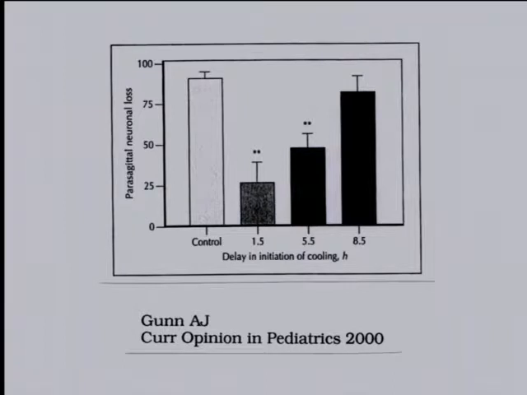Quite a strong effect if you start cooling 1.5 hours after injury. When you start at 5.5 hours, you can rescue only about half of the cells. And when you start at 8.5 hours, there is factually no difference to the control group. So the message is very clear. The earlier you start, the better it seems in terms of having a stronger effect.